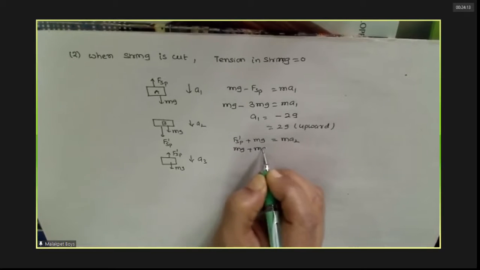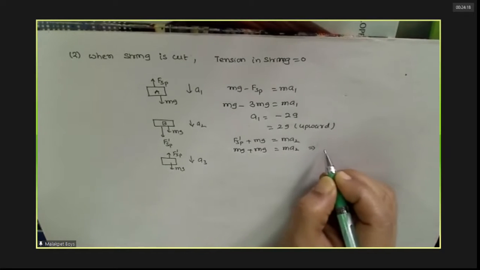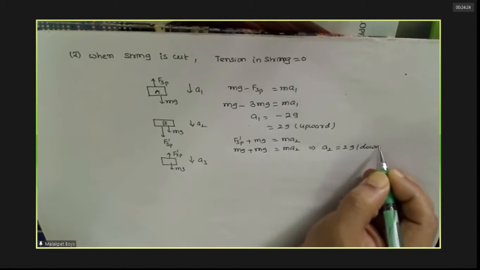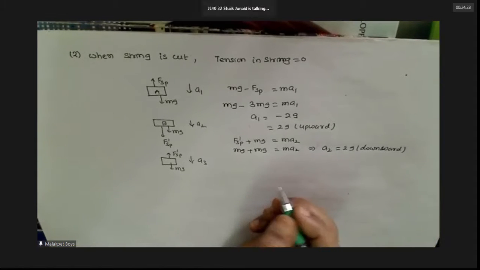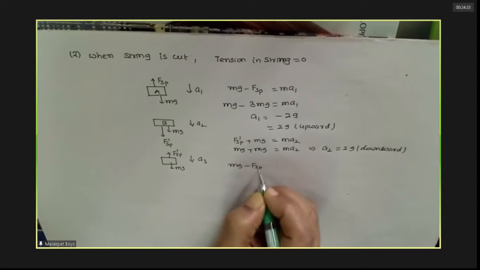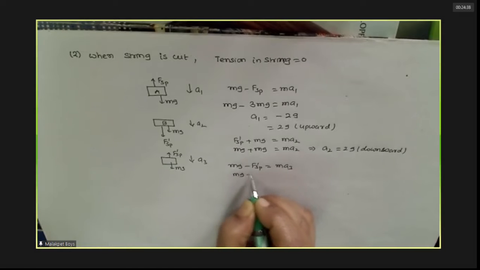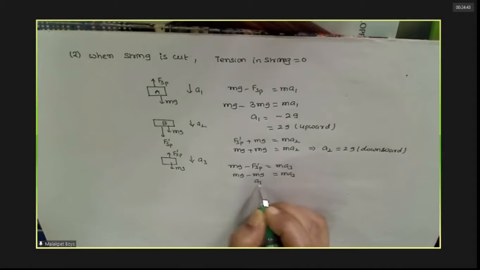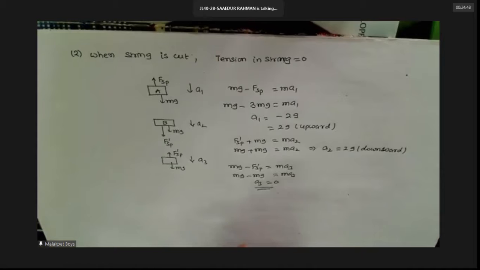Spring force remains unchanged, no? So a2 is 4g, downward only, no? Because it is positive, it is in the direction of our assumption. And come back to this, mg minus fsp is ma3. This is mg minus mg equals ma3. So what is a3? 0. Follow this? Yes, sir. Followed, sir.